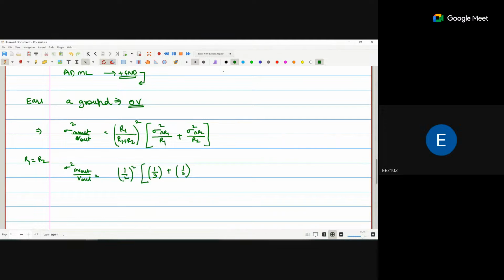If the variance is already given, we take this one.